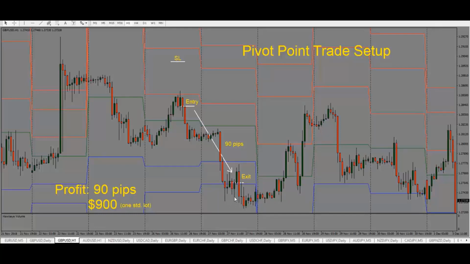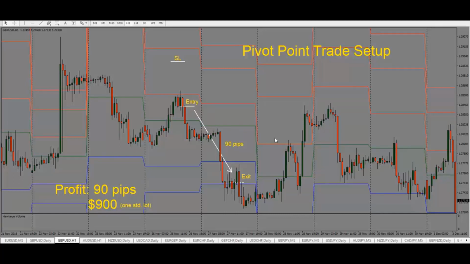Once we get this big bullish candle, a bullish pin bar, we see that twice price has not been able to break below the support, and for several hours price is just stuck here. So this is a good place for us to exit the trade. From entry to exit here, we get 90 pips in our trade.